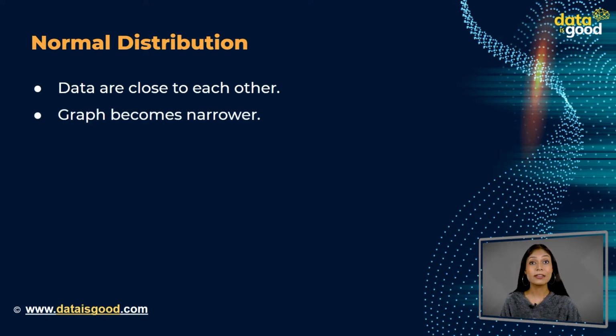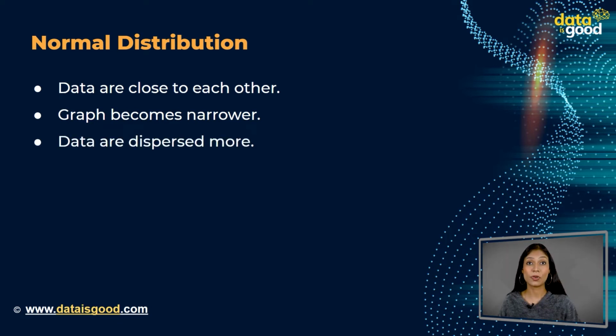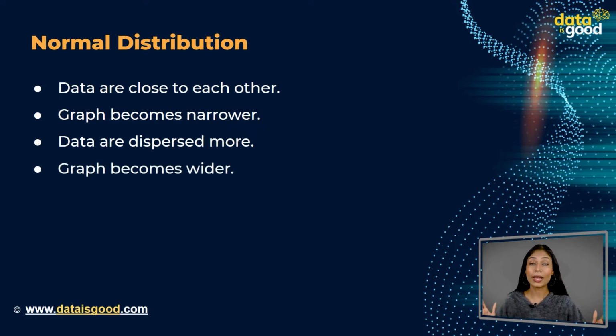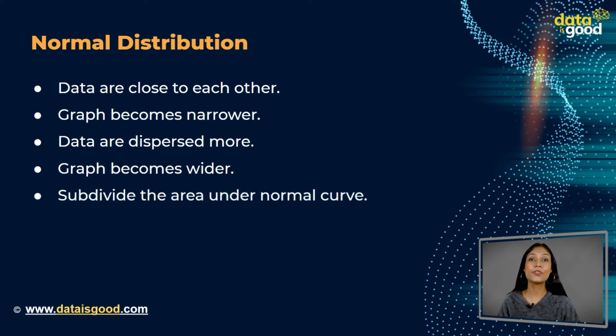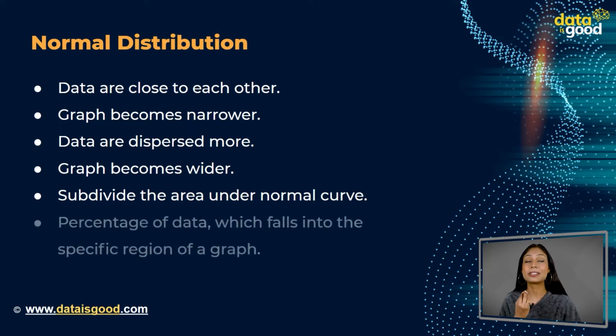If the standard deviation is larger, then the data points are dispersed more and the graph becomes wider and wider. The standard deviations are used to subdivide the area under the normal curve. Each subdivided section defines the percentage of data which falls into the specific region of a graph.